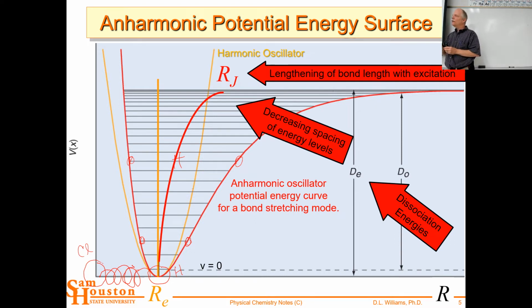Go ahead and write that down in your notes, the difference between dissociation energies. So when there's a subscript E, that's to the bottom of the potential well. And when there's a subscript 0, that's to the V = 0 state.